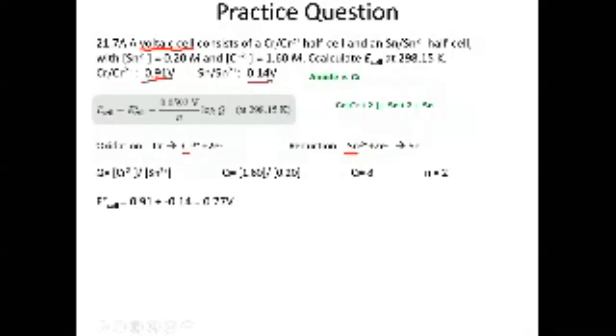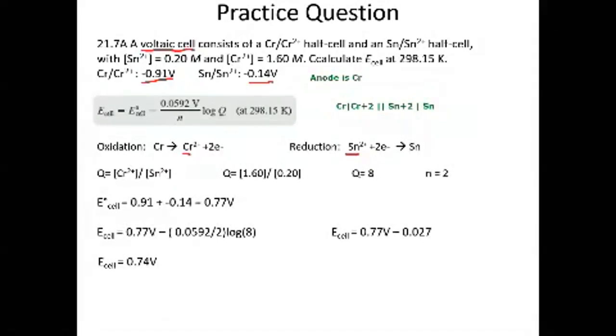Now the E standard of cell is the E of oxidation plus E of reduction. The E of oxidation of chromium is 0.91, so we get a positive cell voltage. We plug all that in. We get E of cell has decreased a little bit, and that's because we have a lot of product, little reactants. So if you increase the concentration of reactants, you're going to increase your E of cell. If you increase the concentration of products, you're going to decrease your E of cell.